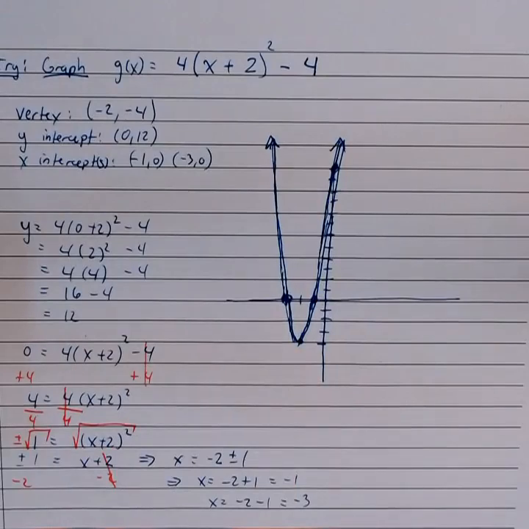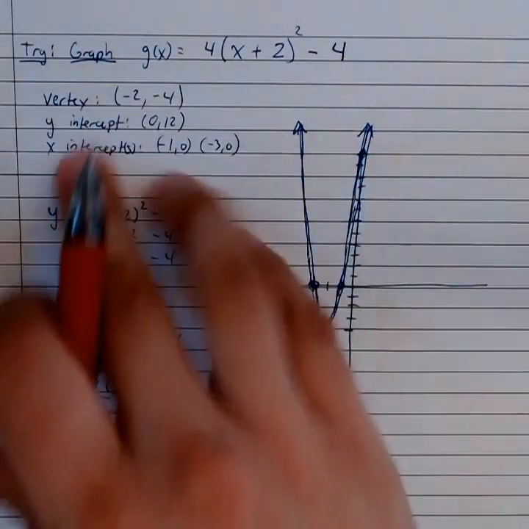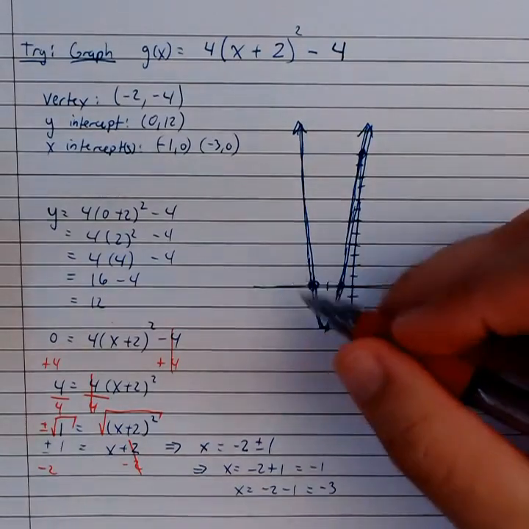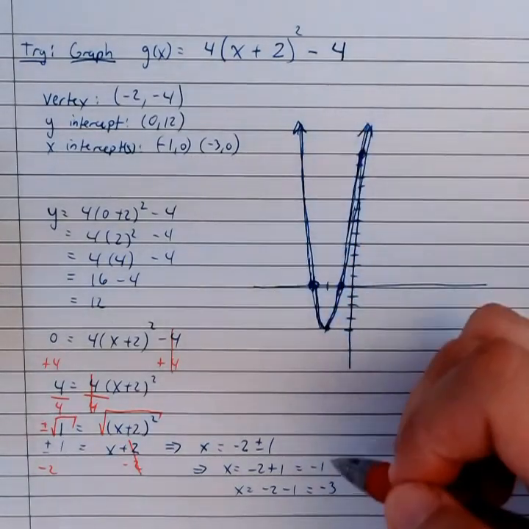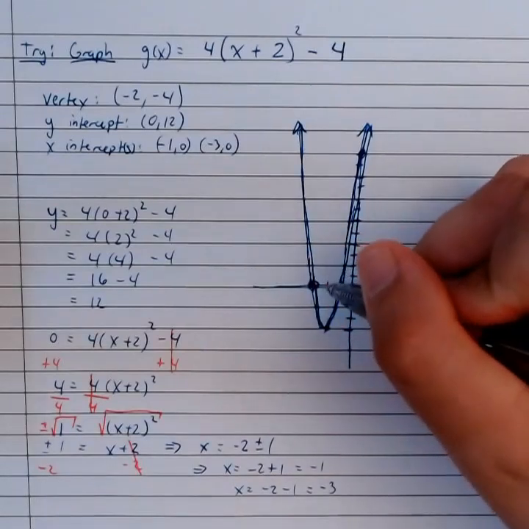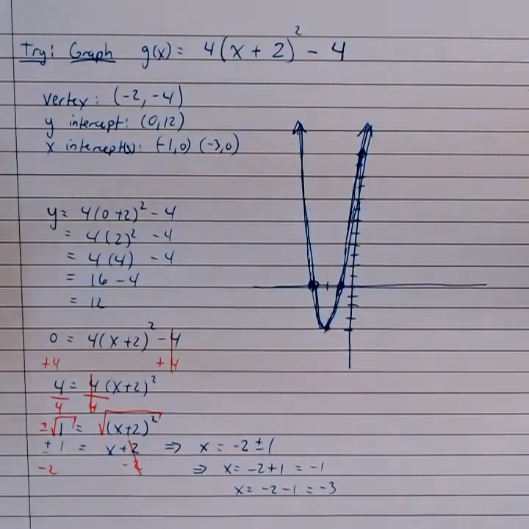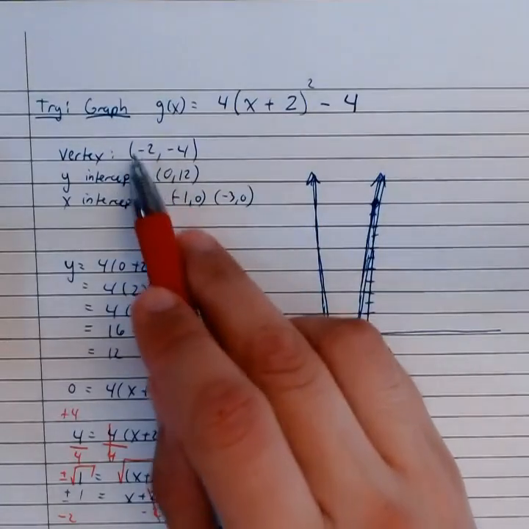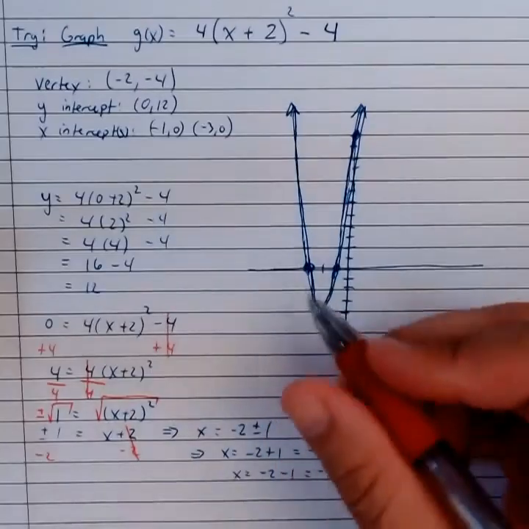Even though it was not part of the question, which was simply to graph by finding these points, just to point out that we did mention something about an axis of symmetry. An axis of symmetry is a vertical line which essentially cuts the parabola in half, into two symmetric pieces. We noted that in our definition, we said that x is equal to h is the axis of symmetry, where h is the x coordinate of our vertex.